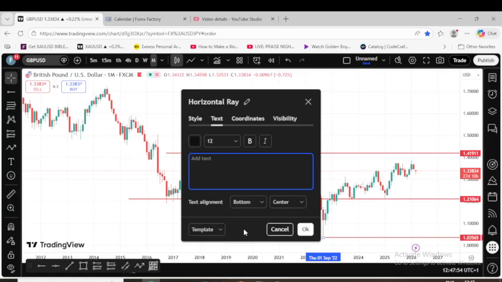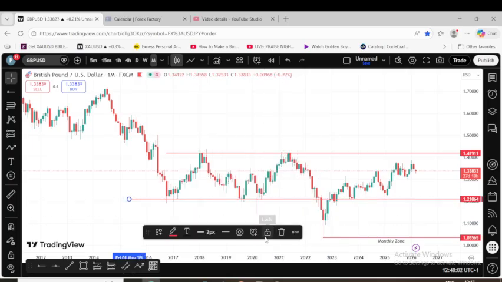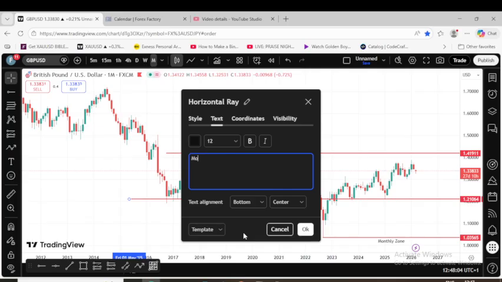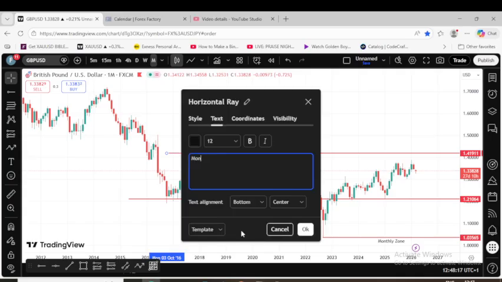So this is a monthly zone. Here we have another monthly zone. We also have another monthly zone here.